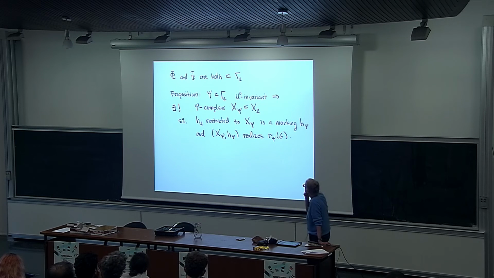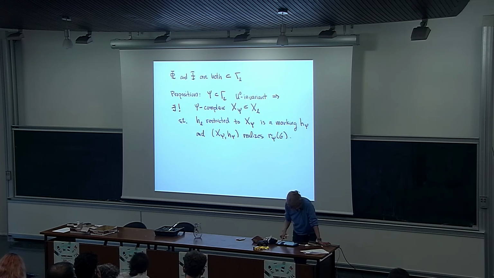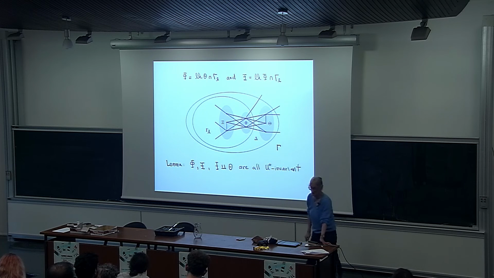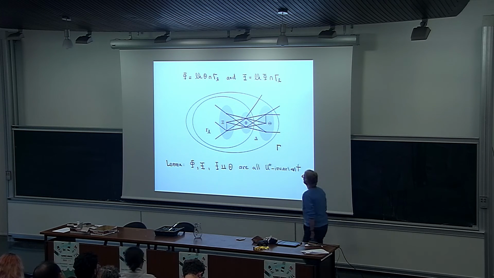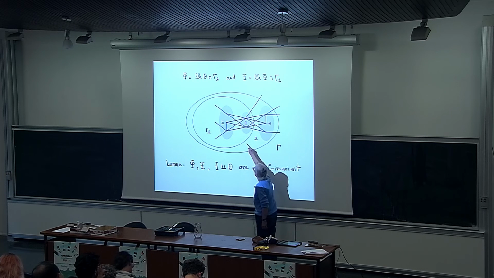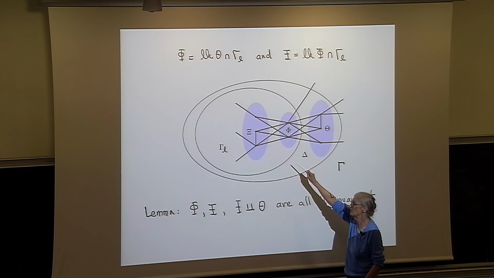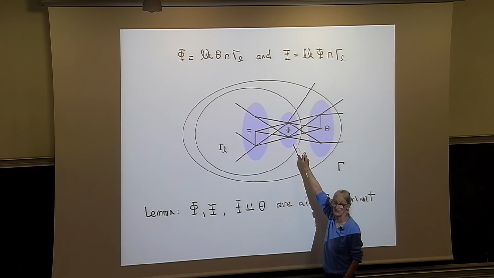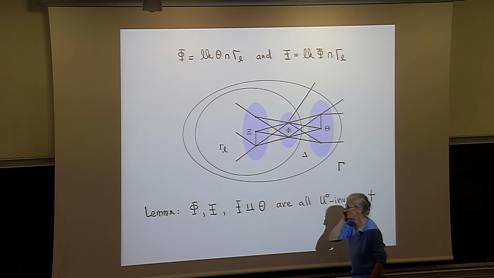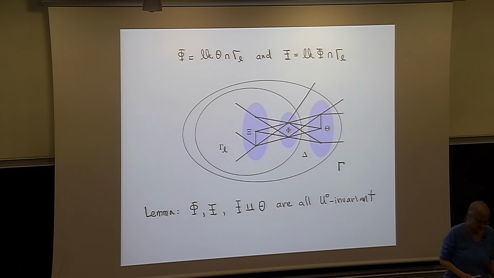I've got gamma complexes for all these things, but I have to show that if I start with a complex for gamma L, then there's a unique choice for phi and a unique choice for xi.